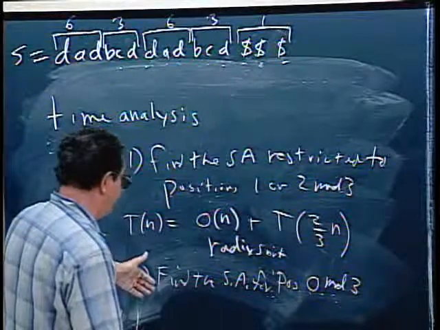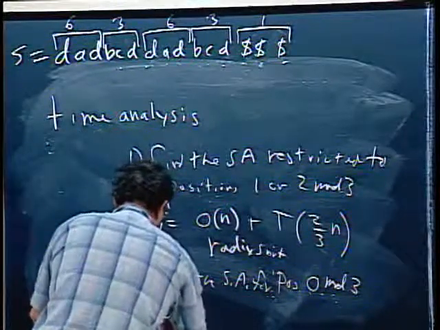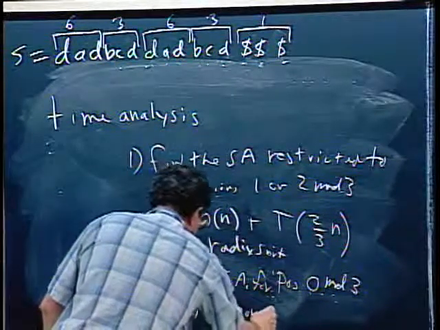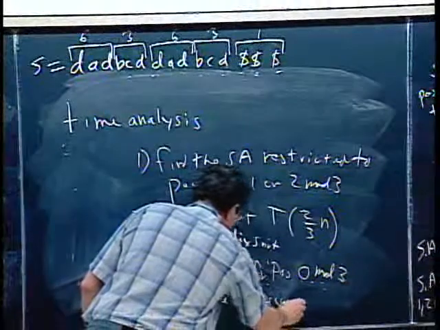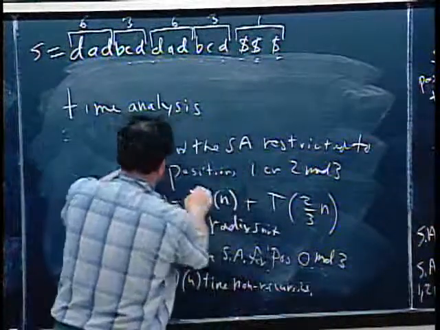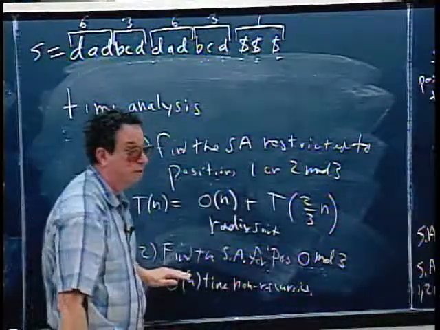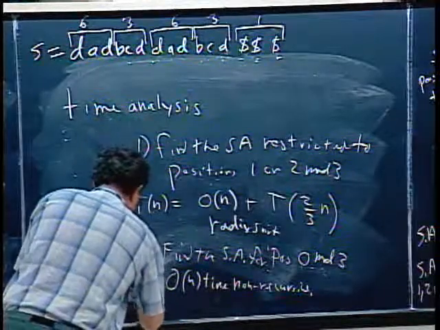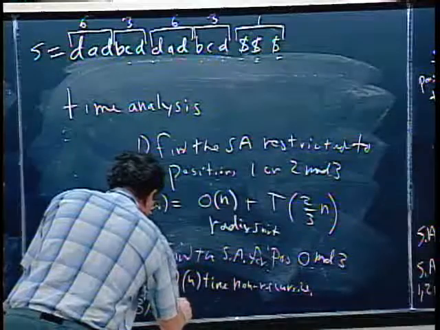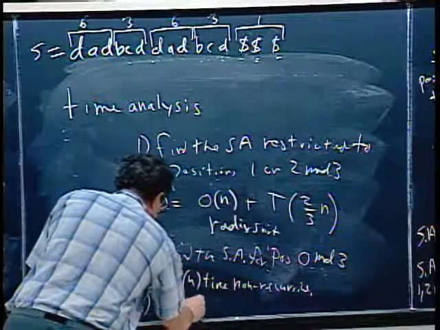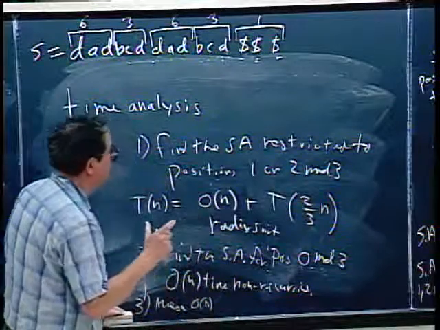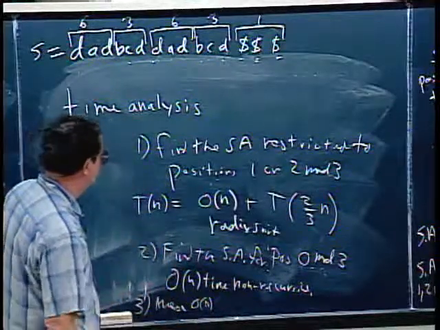Well, we showed that was non-recursive, order n time. Once you had done this, you could do this in order n time non-recursively. And then you had to merge, and that was also order n time. And the key point was that each comparison you do in the merge could be done in constant time.